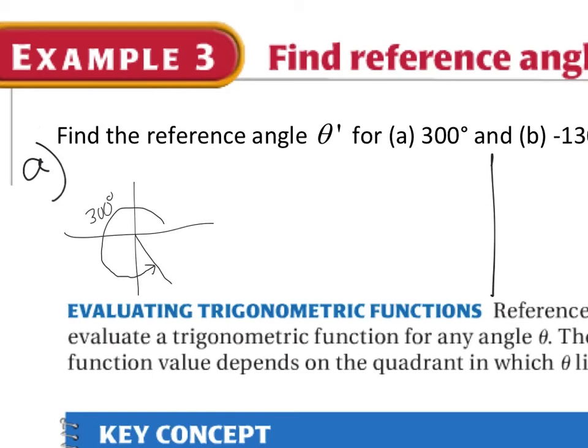So there's 300 degrees. That would be theta. Now, we're trying to terminate on the nearest x-axis, and the nearest x-axis is going to be right here. That's going to be theta prime. So the question I'm asking myself is, that would be one full revolution, but I didn't go all the way. I only went 300 degrees. Theta prime works out to be 60 degrees. All right?